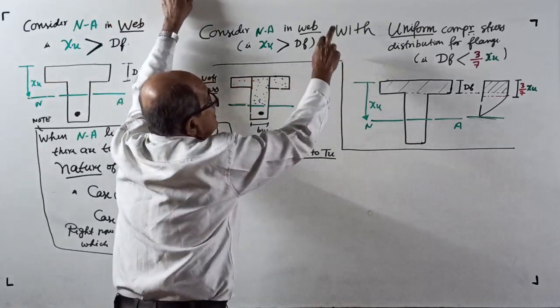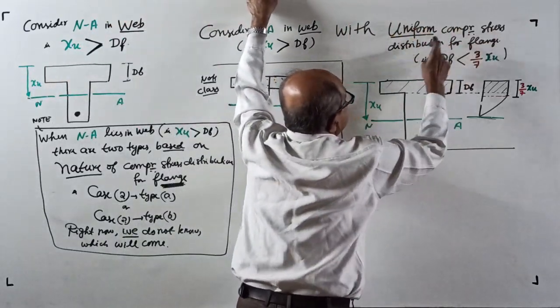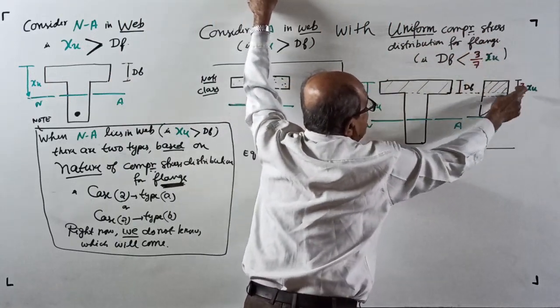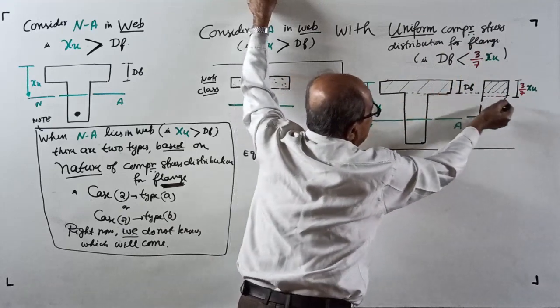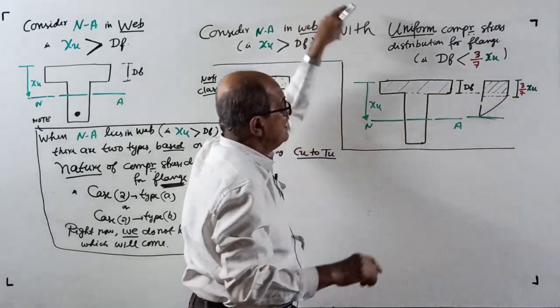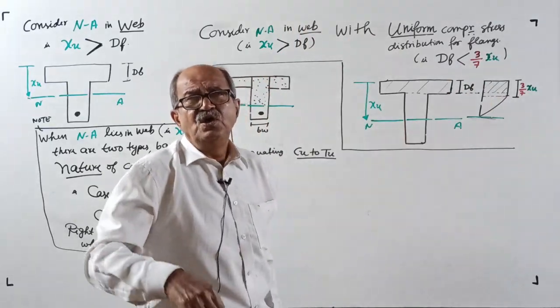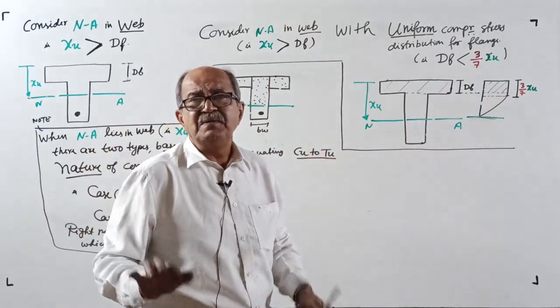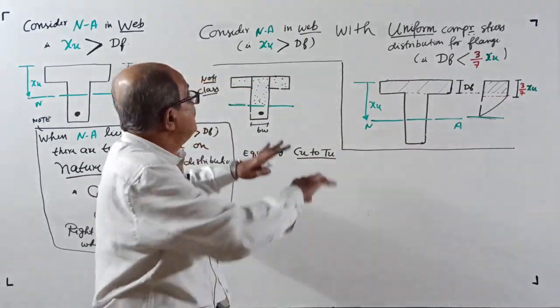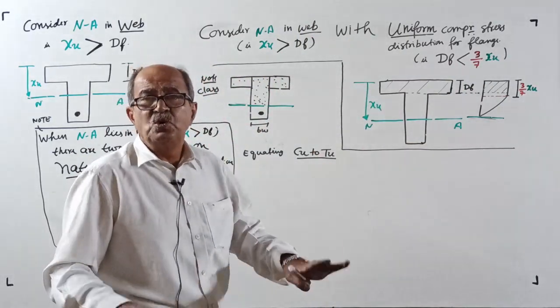But with uniform compressive stress distribution for flange, DF less than 3/7 XU. See here, DF is here. The junction is, I told you this is a junction. Now further, I will not tell because so much explained last time, full around 15 minutes, and just now one flash is given for you. So go through it over.